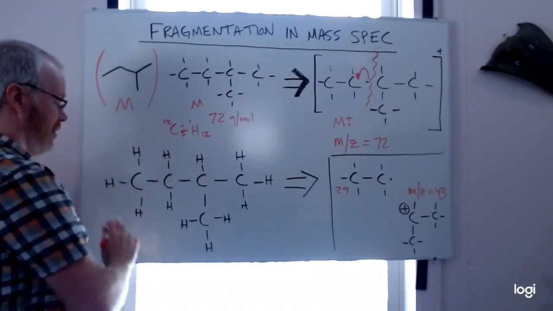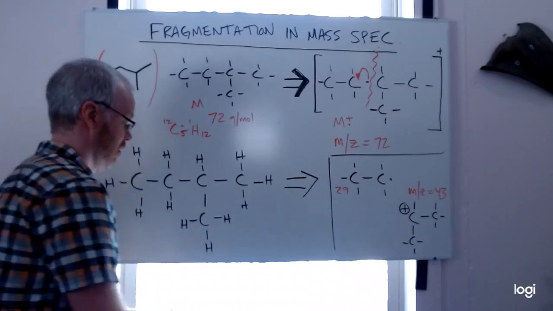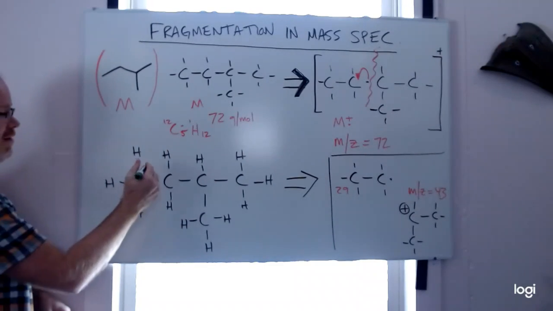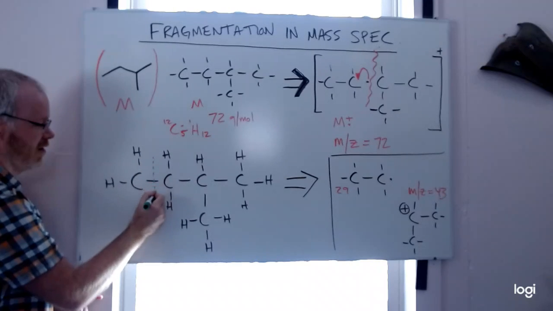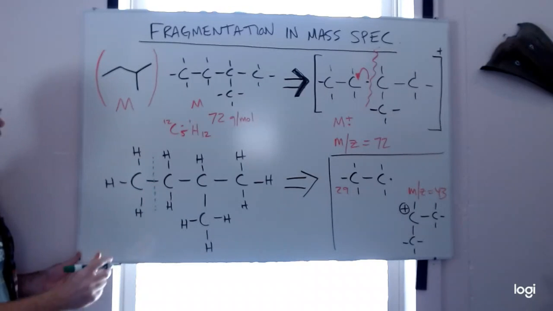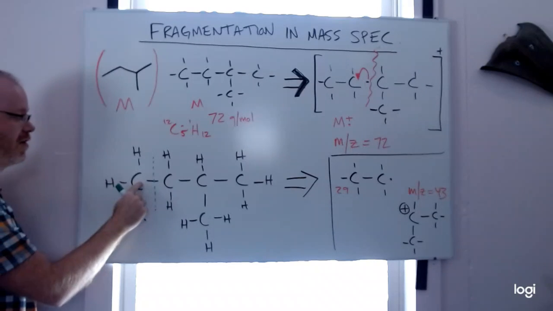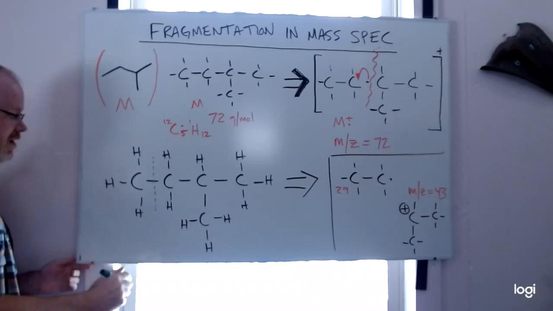So if we're looking at this whole molecule, any of these bonds can break, right? So if it breaks here, we'd expect to see a 15 mass piece, right? So carbon's 12, 13, 14, 15.